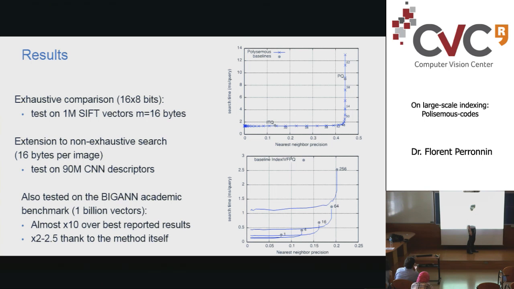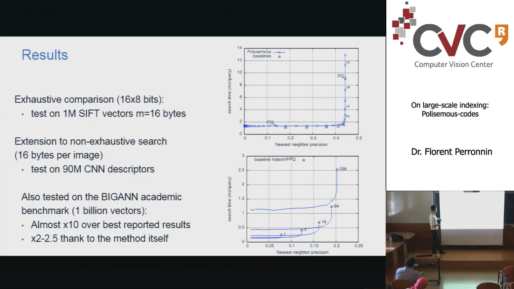For instance, here the threshold is: if the distance is smaller than 30 bits, then you go to the costly computation; smaller than 34 bits, 38 bits. What is quite remarkable is that we can find operating points where we have almost the same speed as a pure binary approach, because we managed to filter out quite a lot of points, but still we get pretty much the same accuracy as PQ.